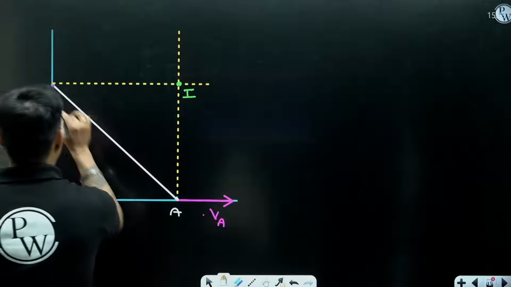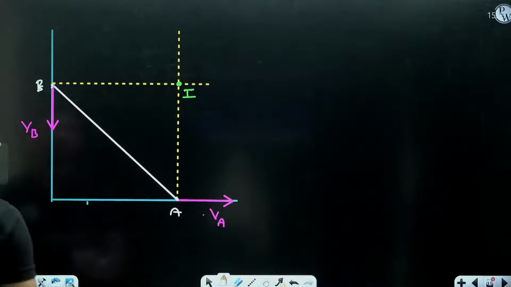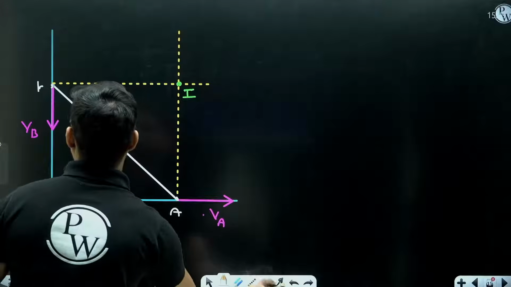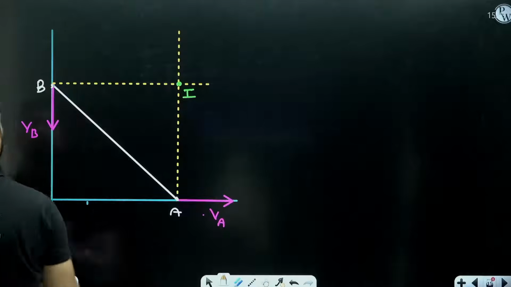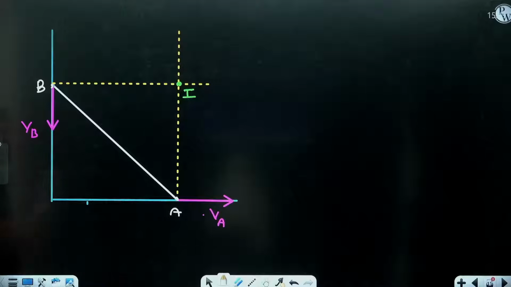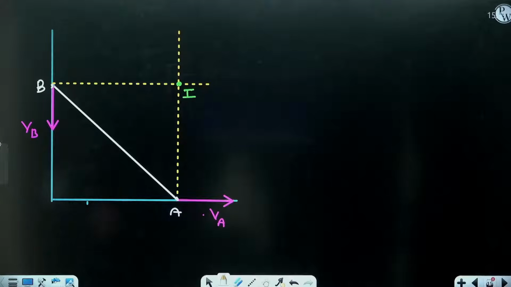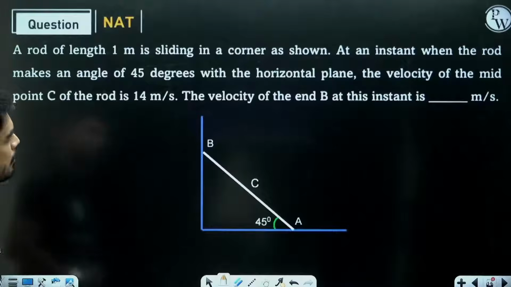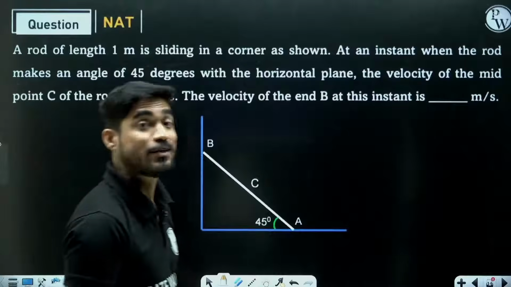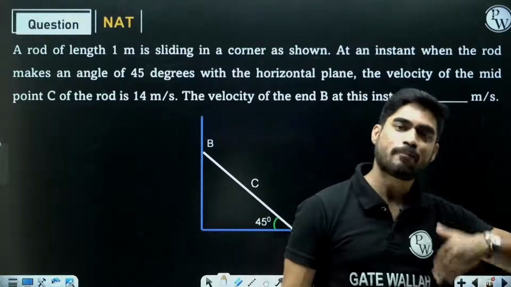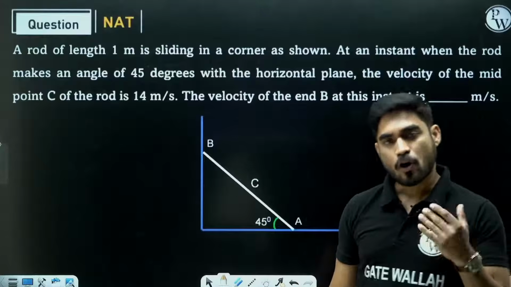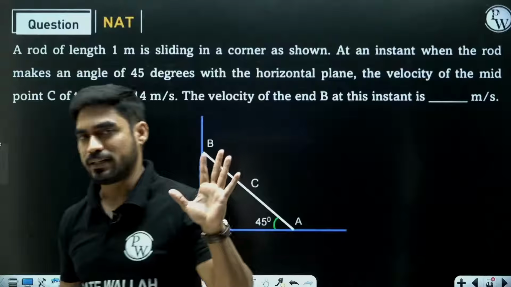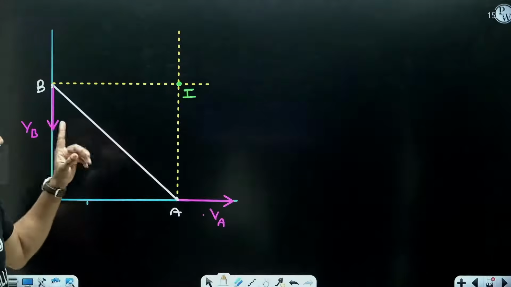This is point A, this is point B. Okay, so they are asking you to find the velocity of point B. Now, in order to find the velocity of point B, we first need the location of the IC. That we have found out. But we also need the value of omega. And in order to find the value of omega, they have given you the velocity of the midpoint. I told you, they will either give you the value of omega directly, or they will give you the velocity of some point. Okay, so they have given us the velocity of the midpoint.